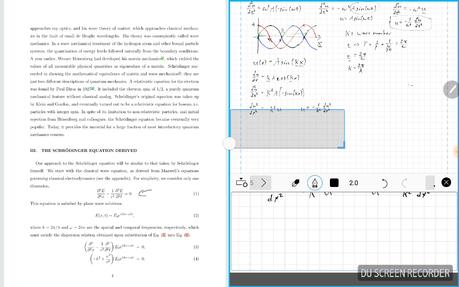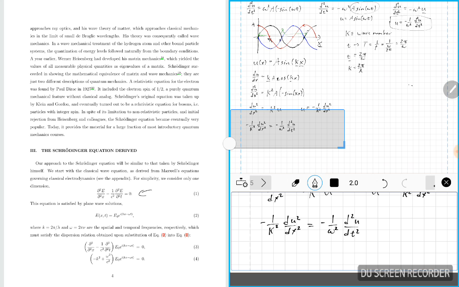Now if I just set those two u's equal together, we have that negative 1 over k squared d squared u dx squared equals negative 1 over omega squared d squared u dt squared.